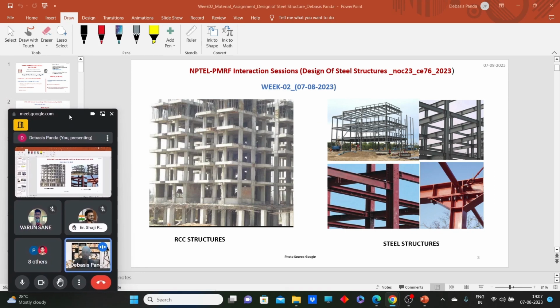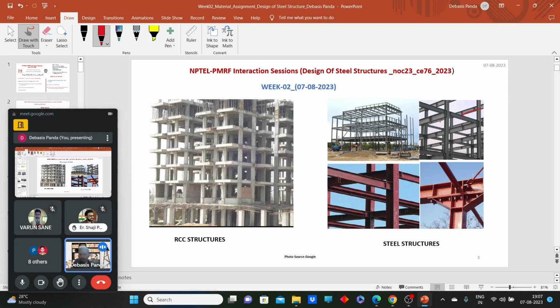During the first interaction session, we learned that steel structures are made from structural steel elements, such as I sections, channel sections, angle sections and all the available sections. We also went through the specification of the sections.